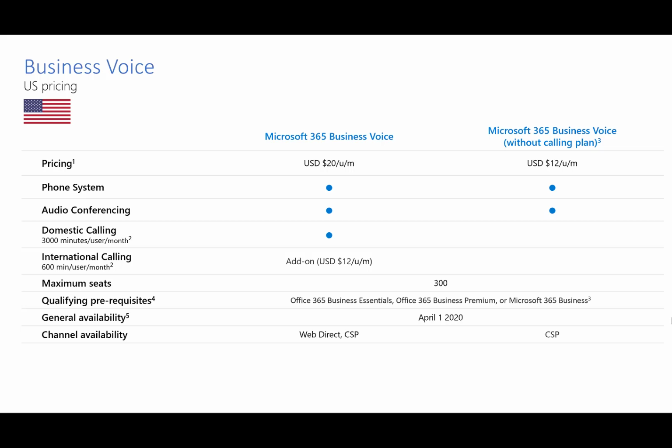As it shows here, you just need some prerequisites, such as a business plan, to be able to bolt this onto. Take note, these names just recently changed, which is confusing too. But Business Premium has now become Business Standard, I believe, and then Microsoft 365 Business is now Microsoft 365 Business Premium. So just take note of that, and these are the Canadian pricing model.